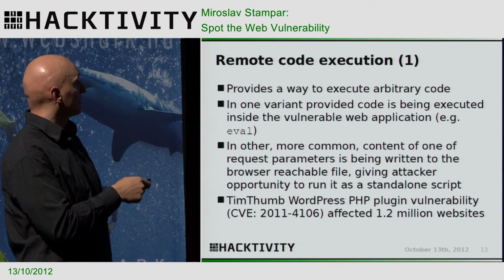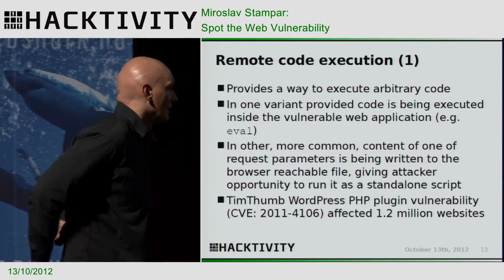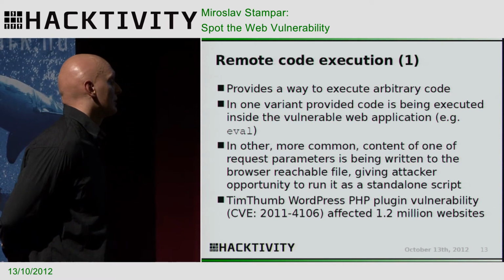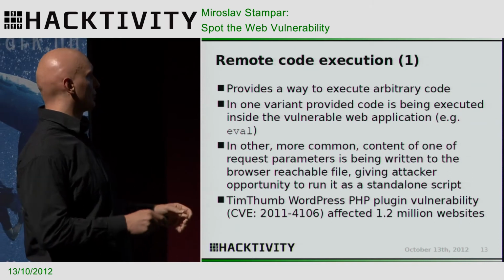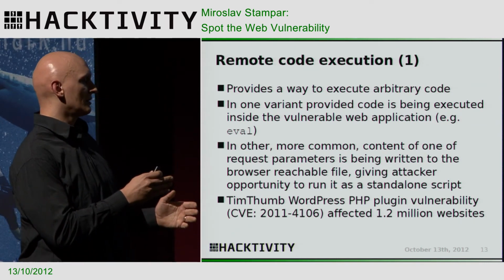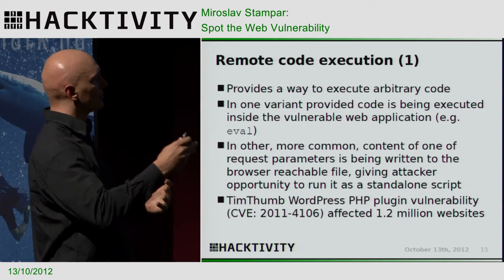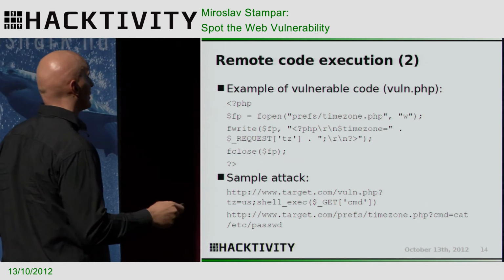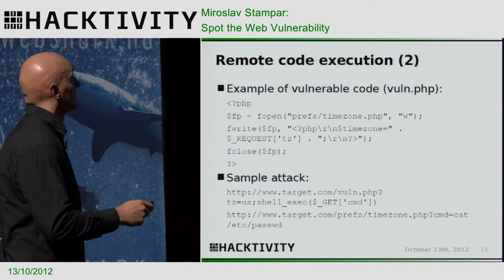In the other variant, you will manage to use the vulnerability itself to write something to the backend and execute that same file. This is an example to clear this up.